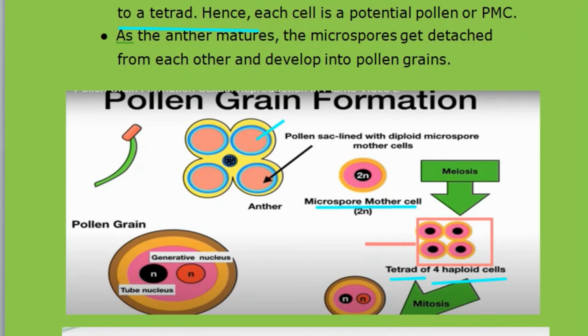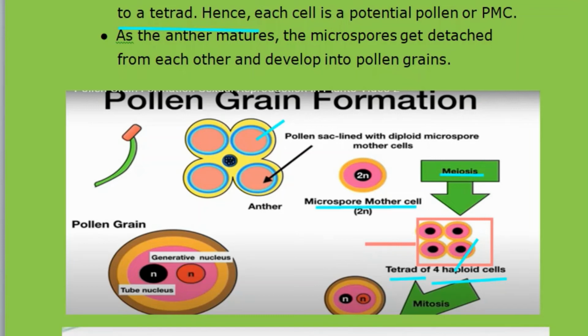So once again, in a young anther when there is no pollen grain, how are the pollen grains forming? At the center of the microsporangium, the sporogenous tissue undergoes meiosis, and there will be formation of a tetrad, that means four cells, and these are haploid because they are going to form gametes. This is known as pollen tetrad.